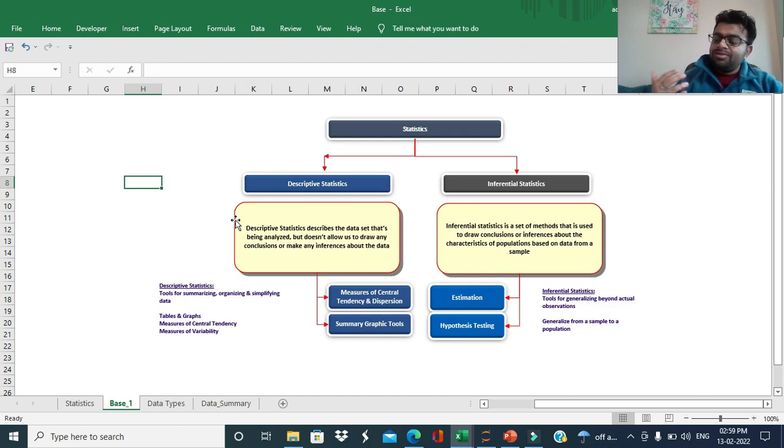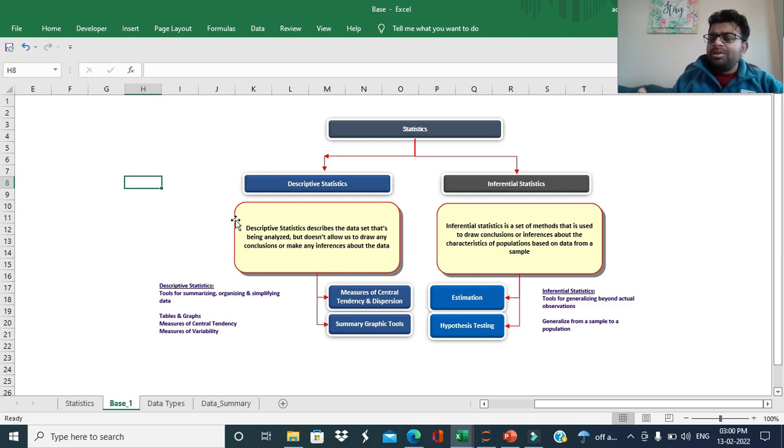Obviously whenever we make any kind of conclusion, we have to analyze the data first, and then based on some probability concepts and hypothesis concepts, we make certain estimations, conclusions and inferences.